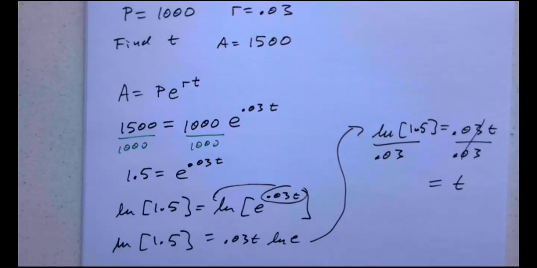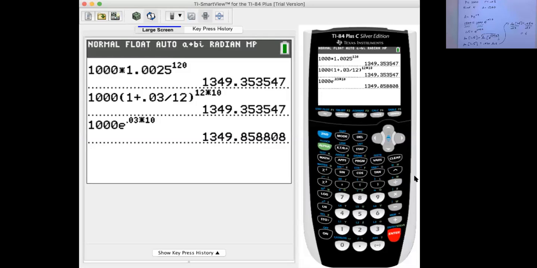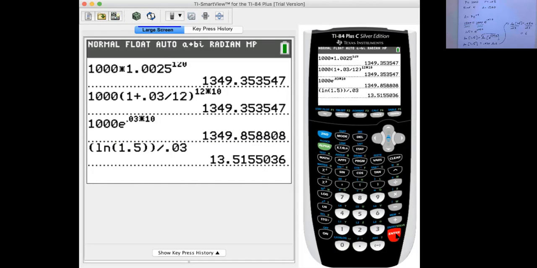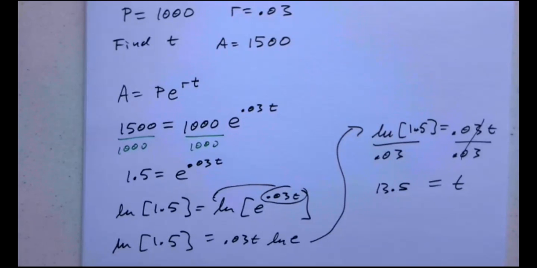We'll take a look at what that looks like. On top, natural log here, 1.5, divided by 0.03. I think my order of operations here are good, and I get what? I get 13.5 approximately. So 13.5 years is what it's going to take to do that.